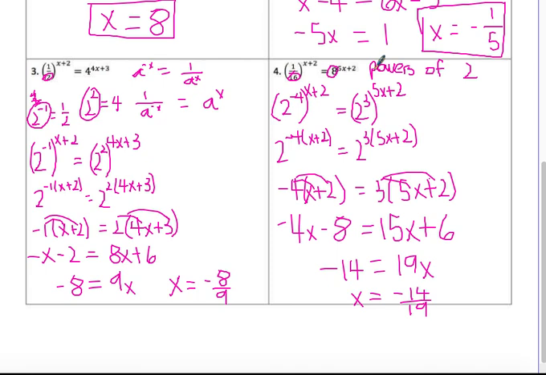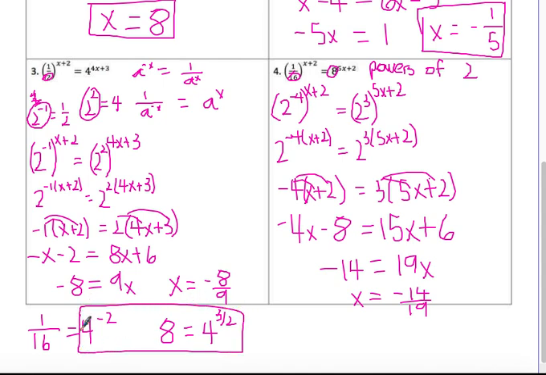So looking at that again, I'm saying 1 over 16 is also 4 to the negative 2, and 8 is also equal to 4 to the 3/2. So you could set up this problem using these bases instead, and you'd get the same answer, right? So there's more than one right way to do these problems.